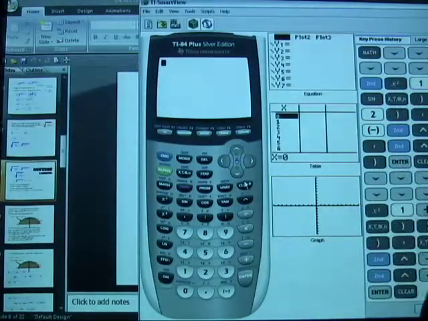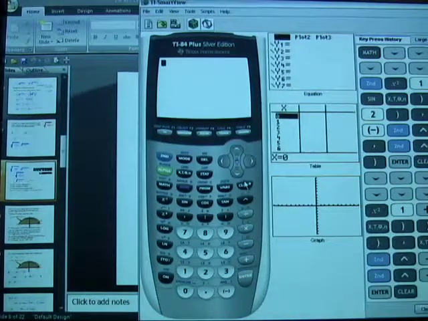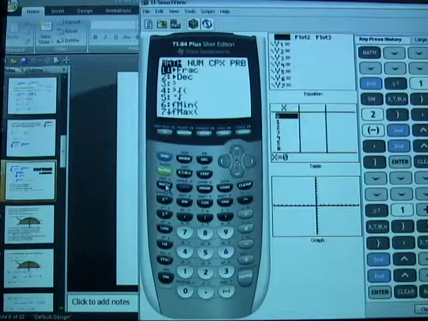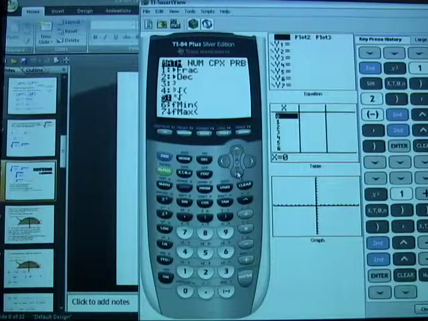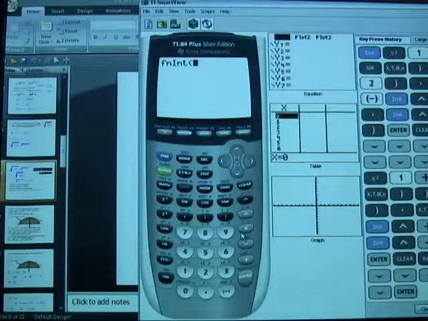To do this integration, we access the math menu. That's the math menu there. So click on math. Follow the movement of my cursor. Click on math. And now the down arrow until you reach the integration operator, and that is number 9, finite integral. So enter.